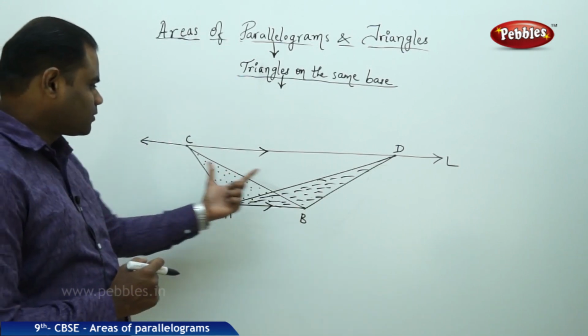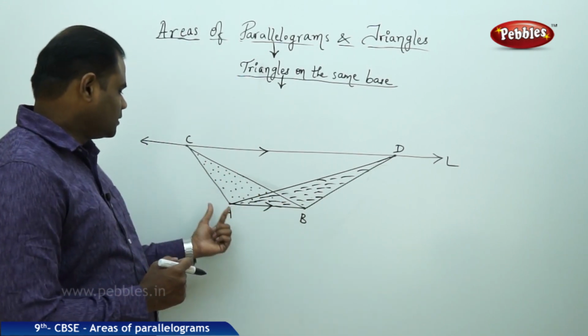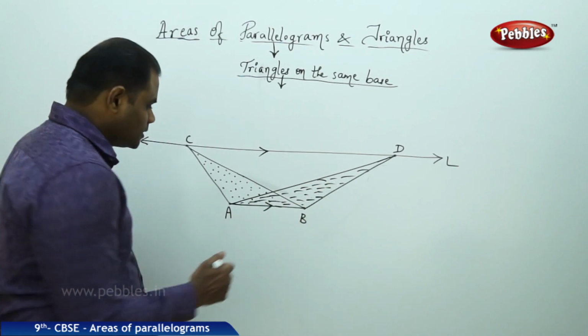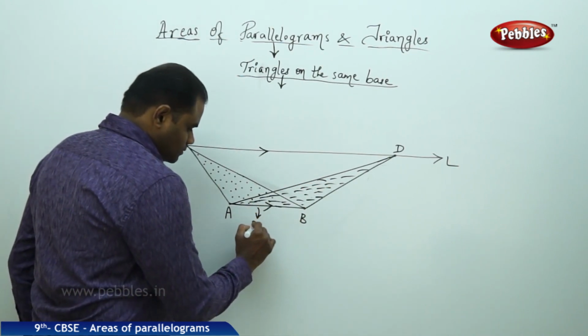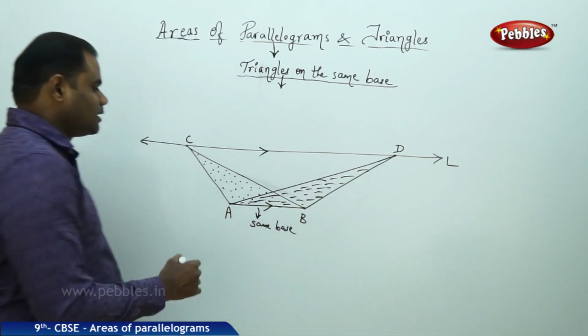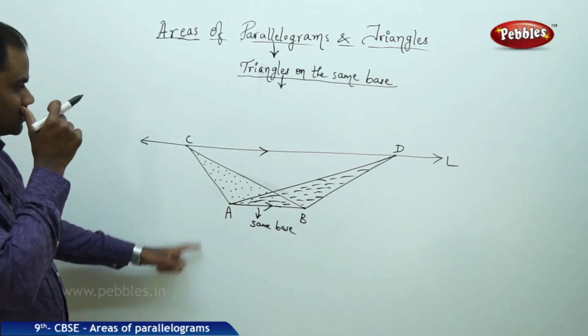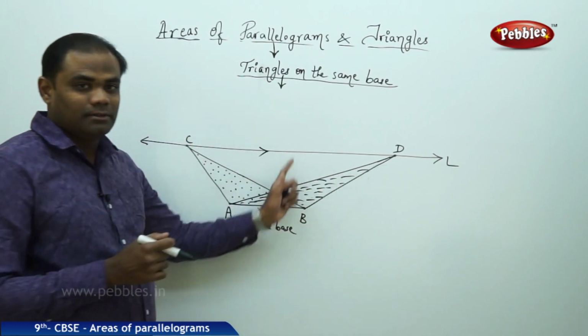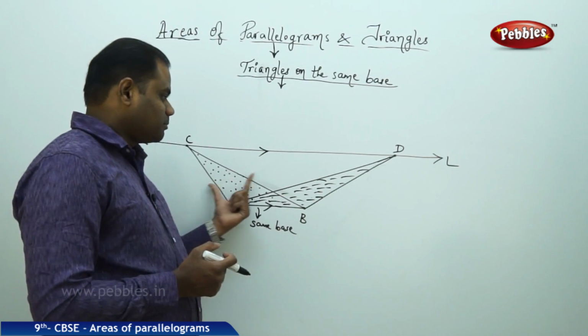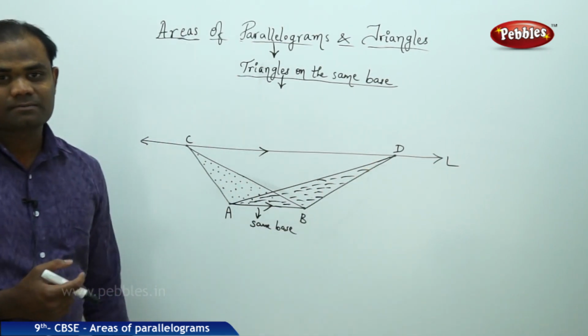Now as we see the two triangles, this triangle is on the base AB and the other triangle is also on the same base AB. So here AB acts as the same base and they are between the parallel lines L and AB. These two lines are parallel. So triangles on the same base and between the same parallels look like this.